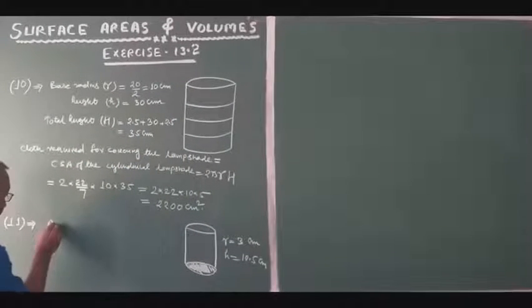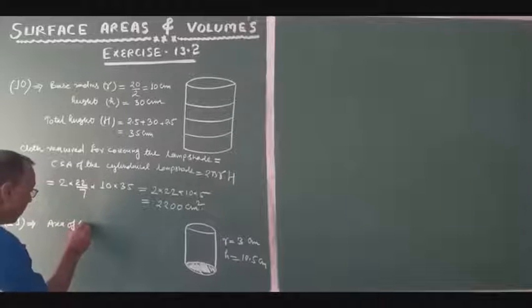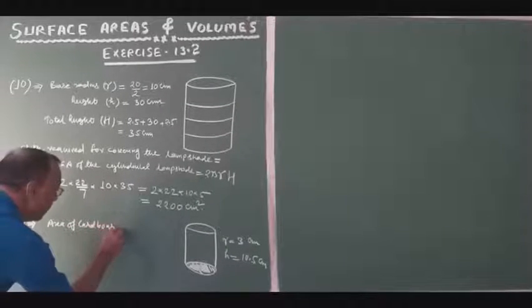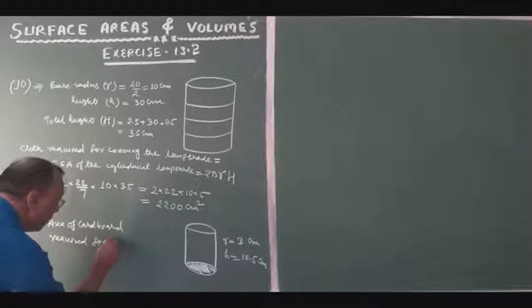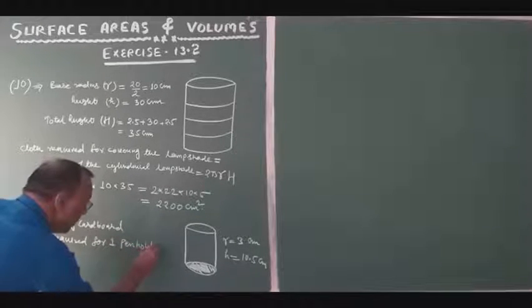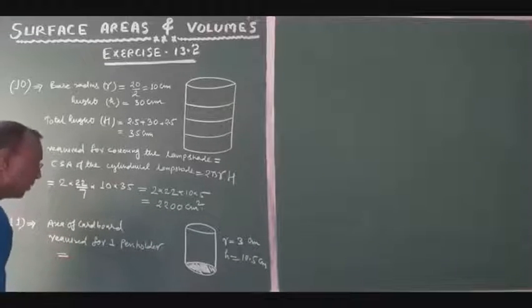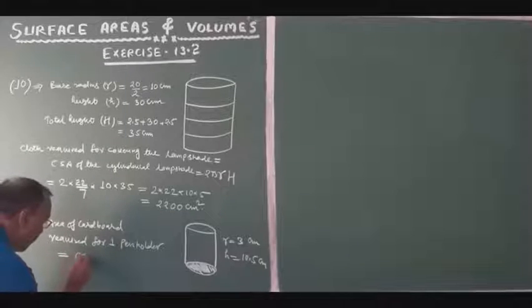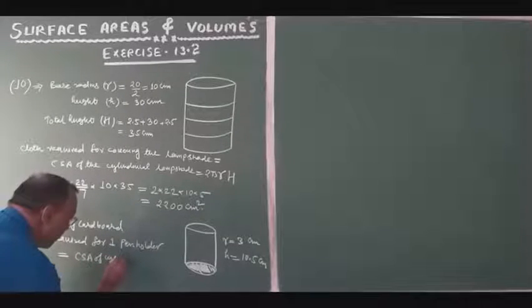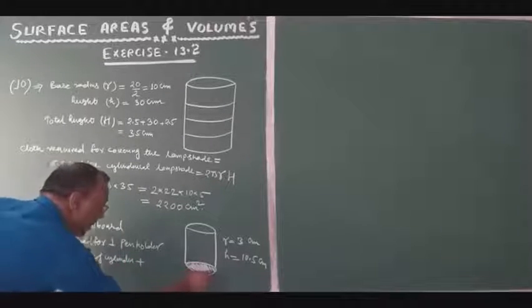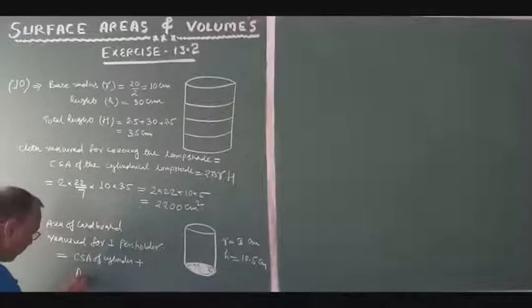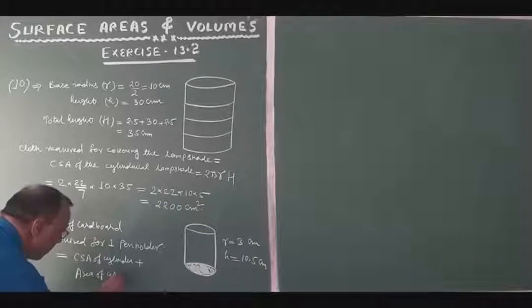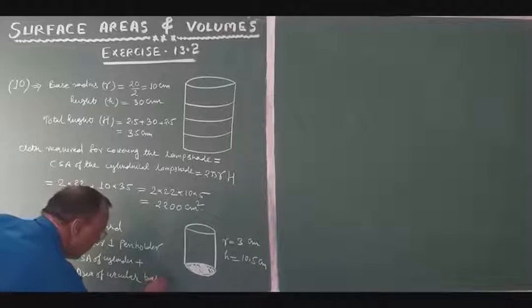First one is this: area of cardboard required for 1 pen holder. So for one pen holder, this will be the CSA of the cylinder plus the area of this circular base.